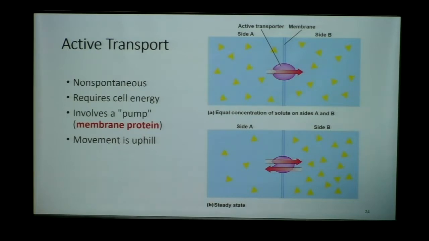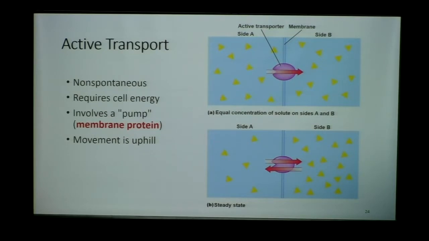We're going to talk about how it harnesses energy, and it's facilitating or pumping actively those particles from one side to the other until we now end up in steady state where particles are moving freely from one side to the other, but we have a net flux or a net accumulation of particles on this side, okay?